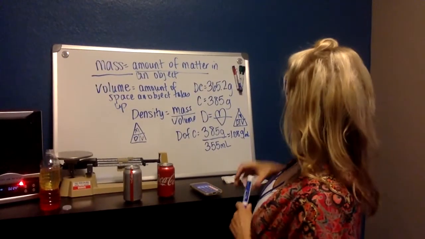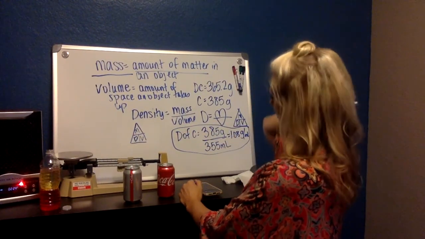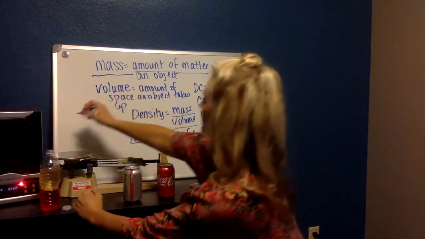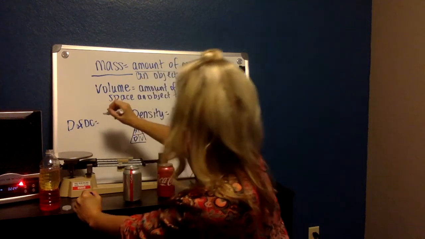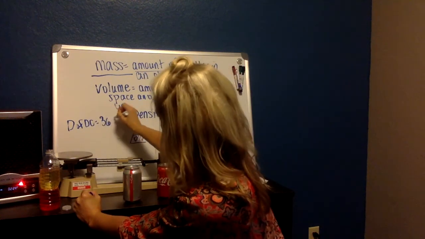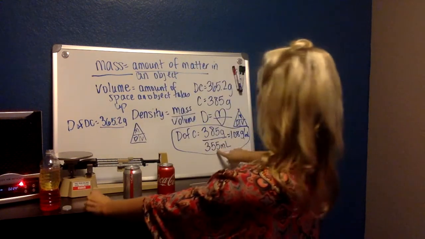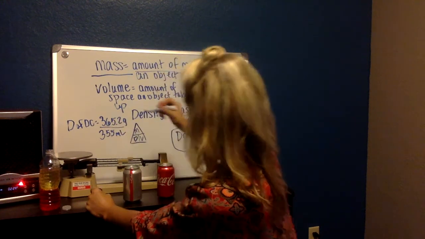All right, so that's my density of the Coke. And now I'm going to go ahead and do my density of the Diet Coke. So my density of the Diet Coke, I'll do that over here. Density of my Diet Coke is 365.2 grams divided by my same volume, which is 355 milliliters.